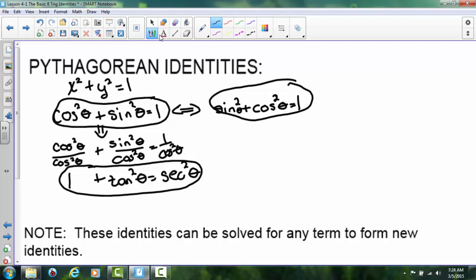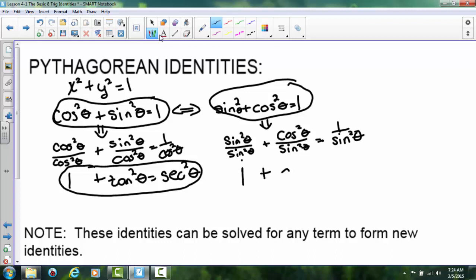All right, so similarly, if we take this one and divide everything by sine squared, well, sine squared divided by sine squared is 1. Cosine over sine is cotangent, so cotangent squared theta.